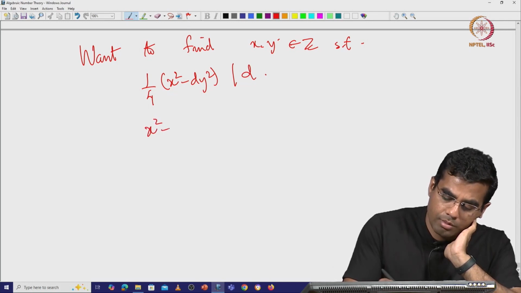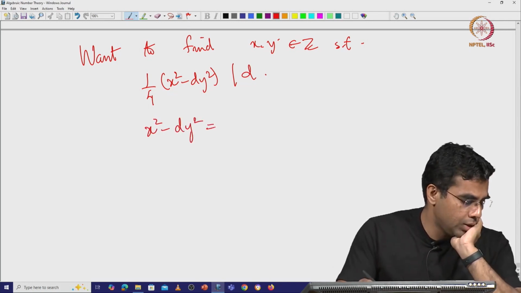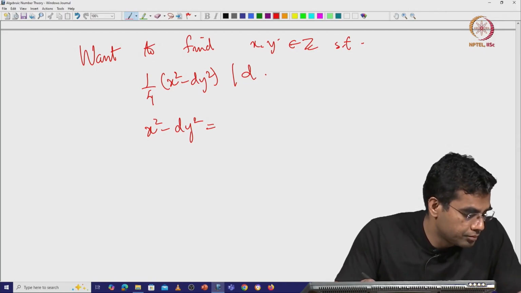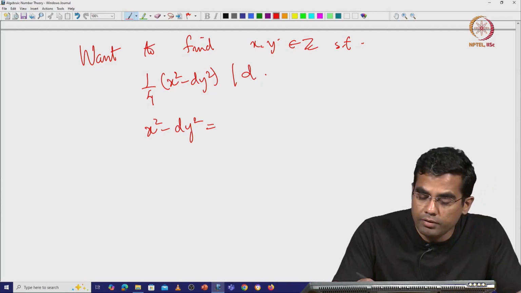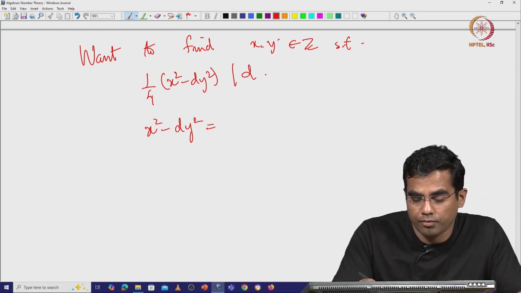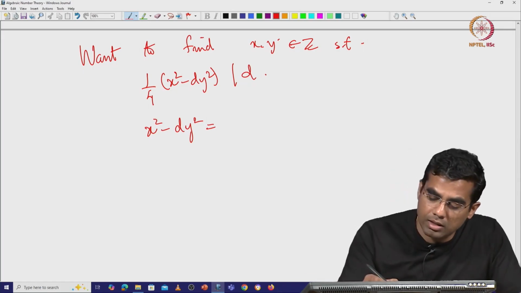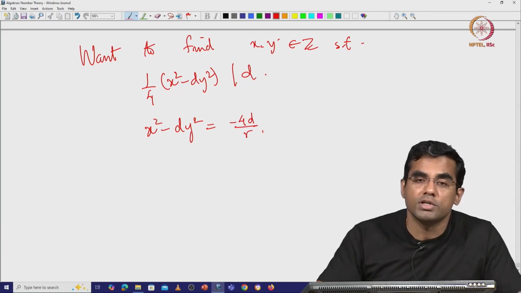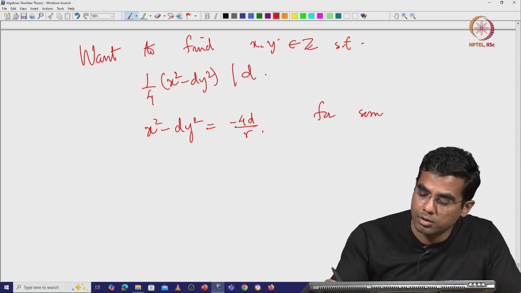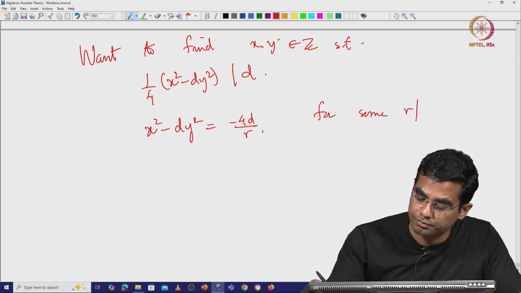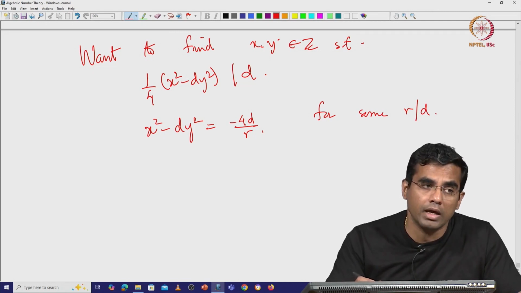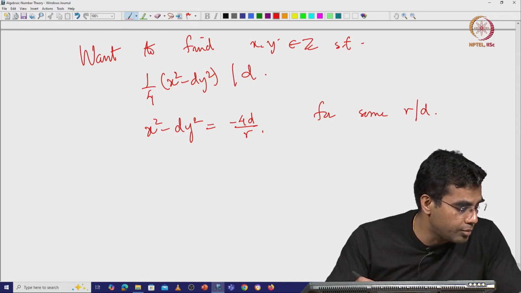So you write x squared minus d y squared is equal to, we can always change the sign and say that this is minus 4d by r, for some r dividing d, so that we have a positive number on the right hand side, right. d is negative, and so minus 4d will be positive. All right.